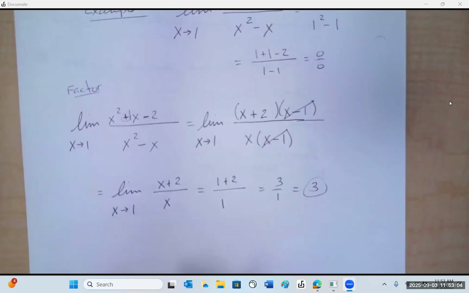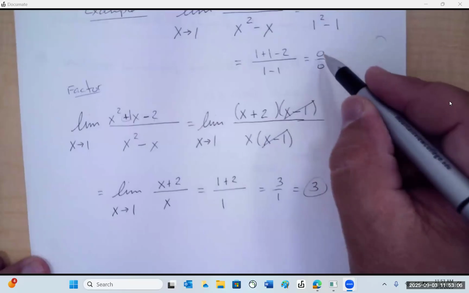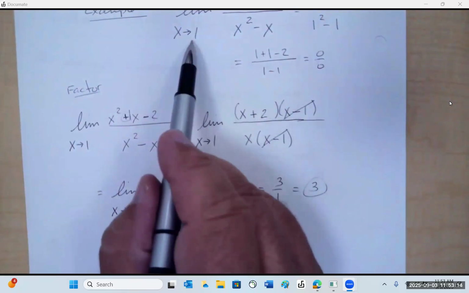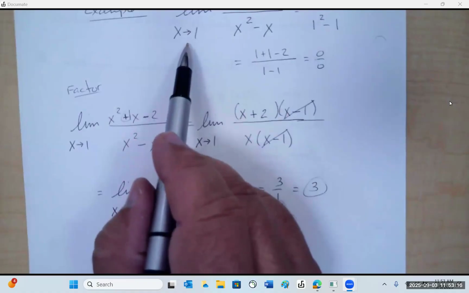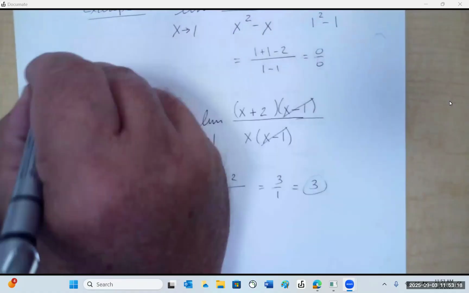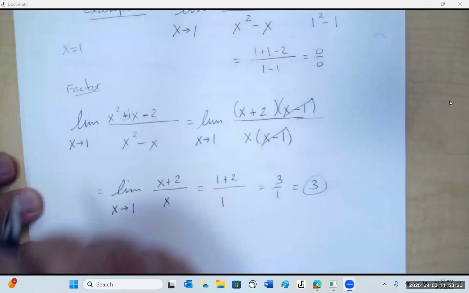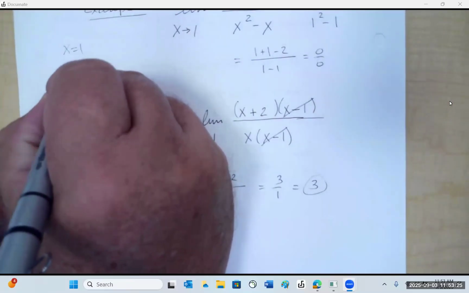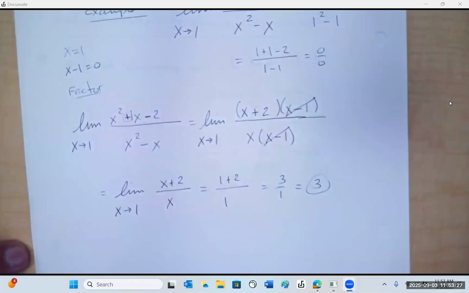Well, it's a sign because whenever you have 0 over 0 in a rational expression, that means automatically that they both have something in common. They both have something in common when x equals 1. So what this says is, when x equals 1, they get 0 and 0, which tells us that x minus 1 has to be a 0.